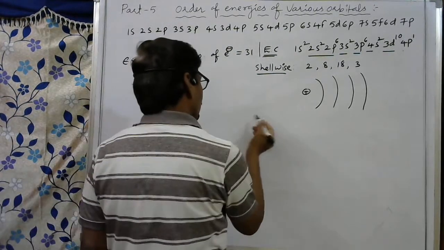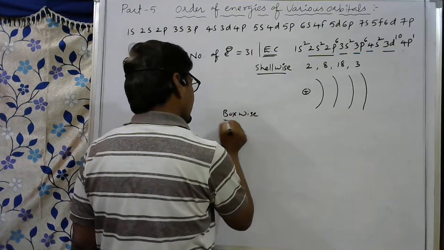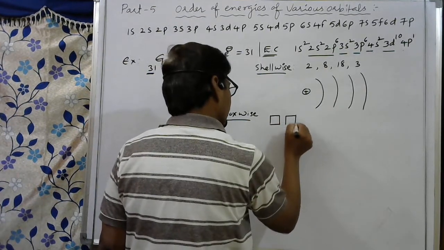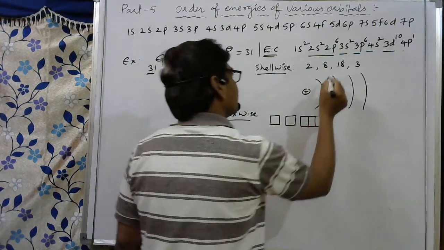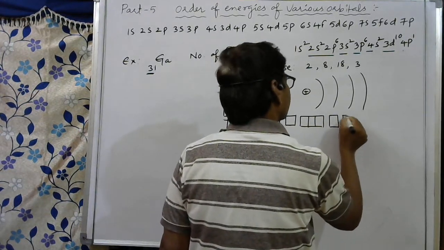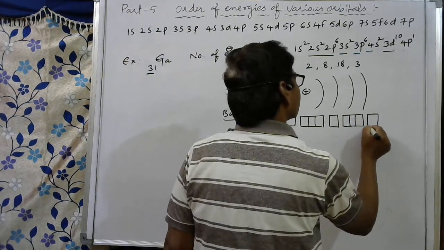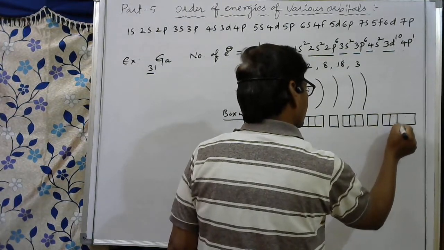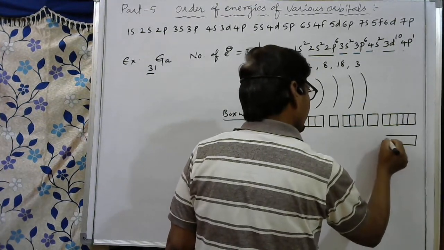Then we have one more configuration, that is the box wise configuration. Box wise means an s orbital contains only one box: 1s2, then 2s2, then 2p with 3 boxes, then 3s, then 3p, 3 boxes, then 4s, then 3d with 5 boxes, then 4p, which I am writing here.